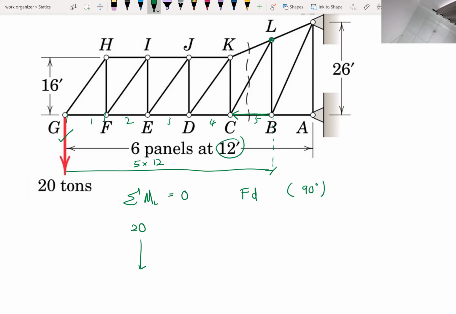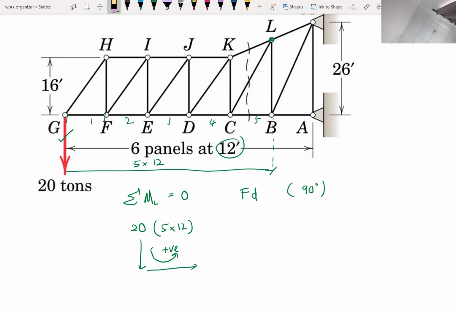So we multiply 5 by 12, in this direction. Using the right hand, it will be positive. And then next we have this one.